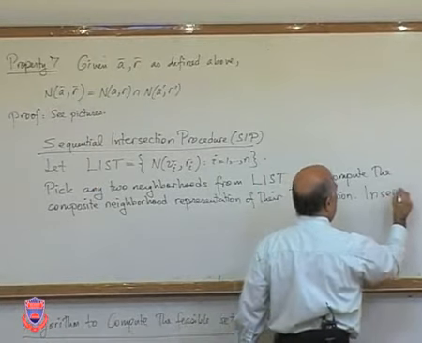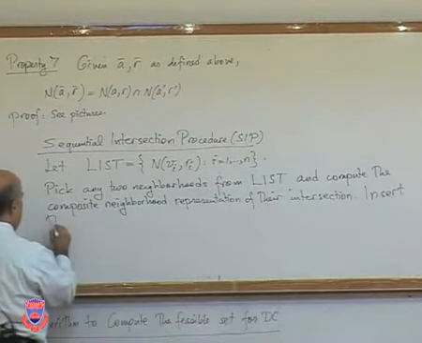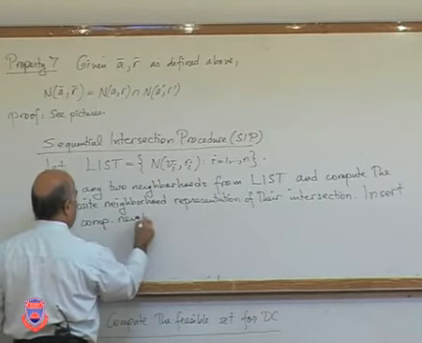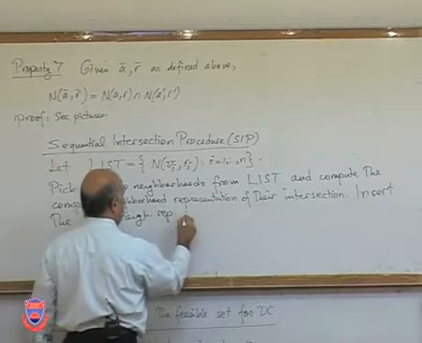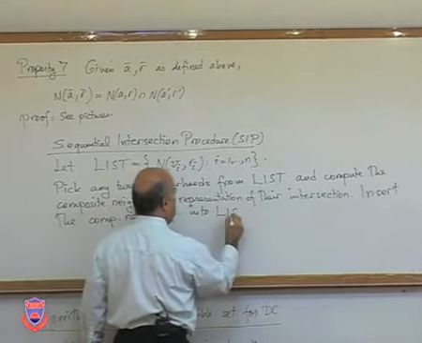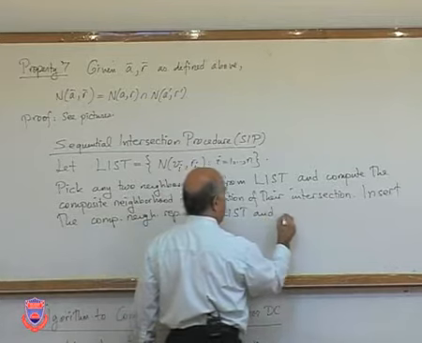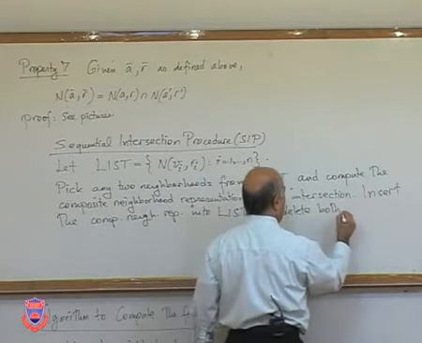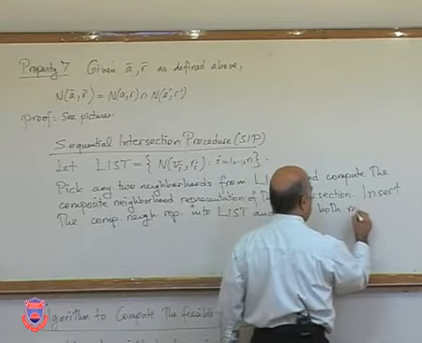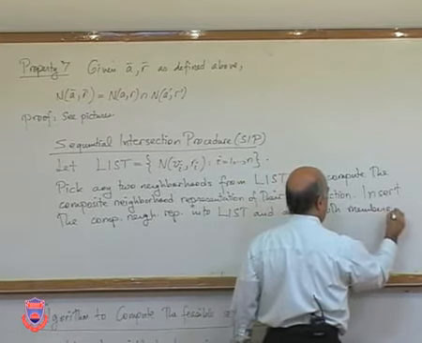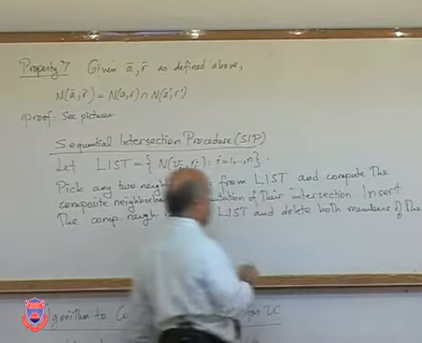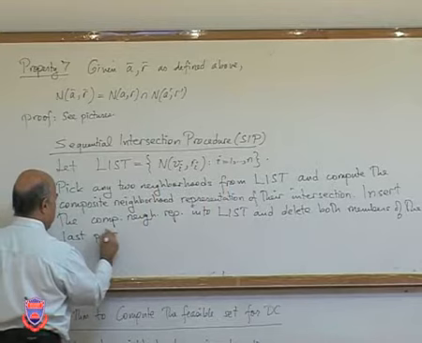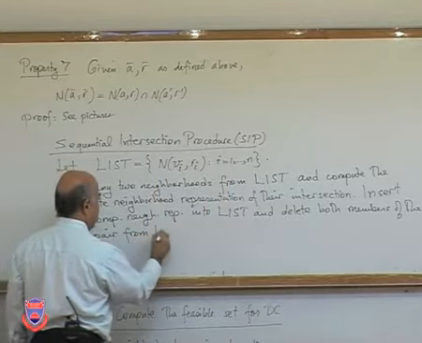Insert the composite neighborhood representation into the list and delete both members of the last pair from the list.